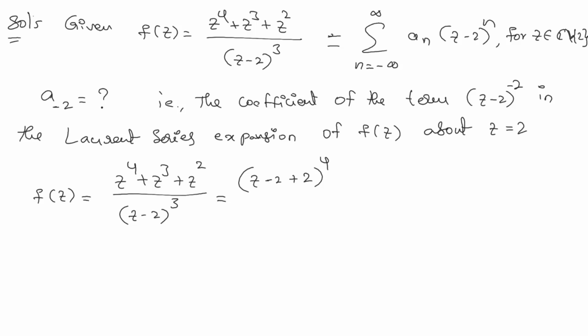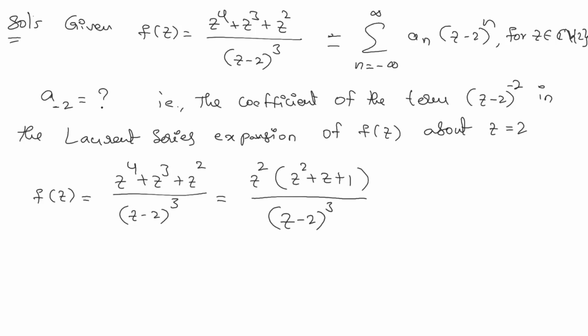Or firstly, since we can see z square is common in each term in the numerator, we can take that outside. So I'm following this method. I'm just taking z square outside, then we get z square plus z plus 1 divided by (z minus 2) whole cube.